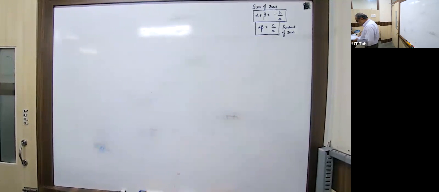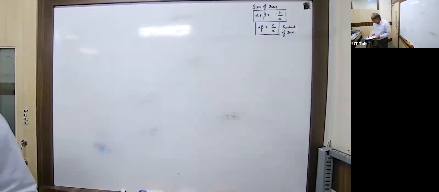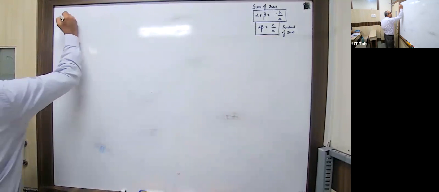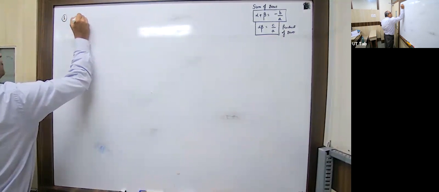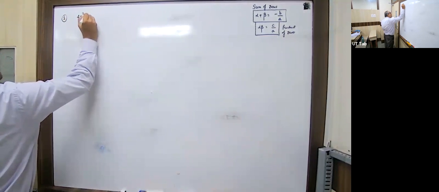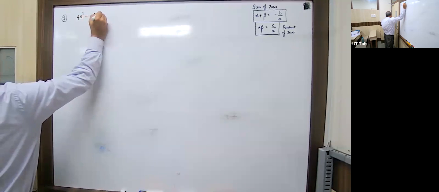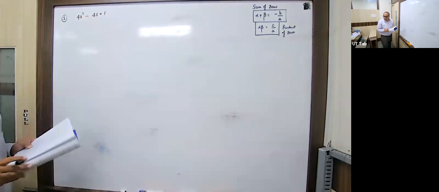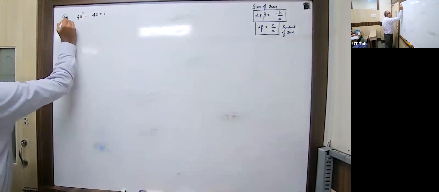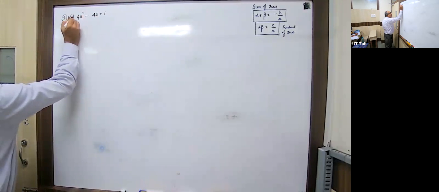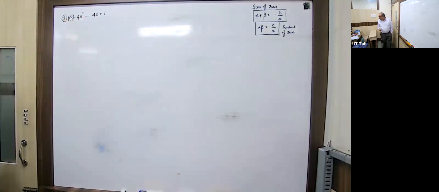Find the zeros for the following quadratic polynomials and verify the relationship between the zeros and its coefficient. So I start with the first question. 4s squared minus 4s plus 1. What am I going to write here? P of s, because it contains a variable s.